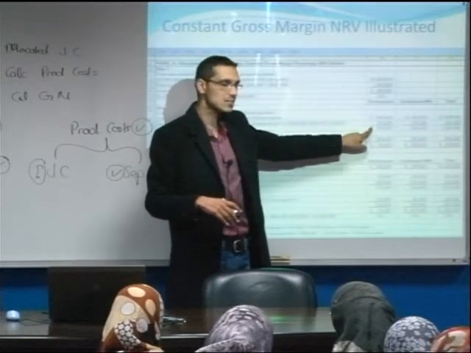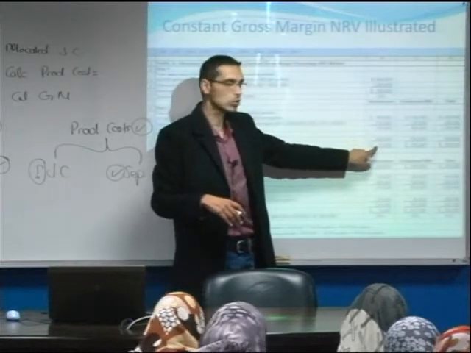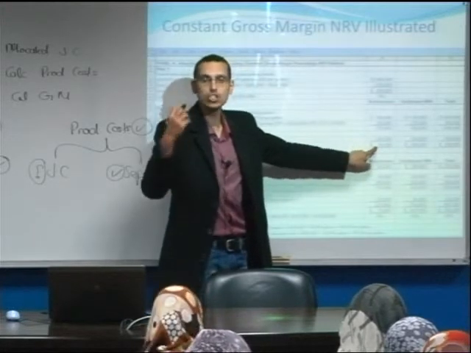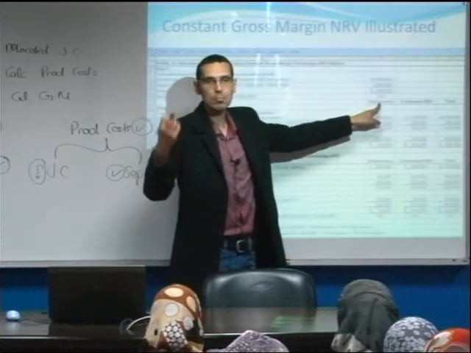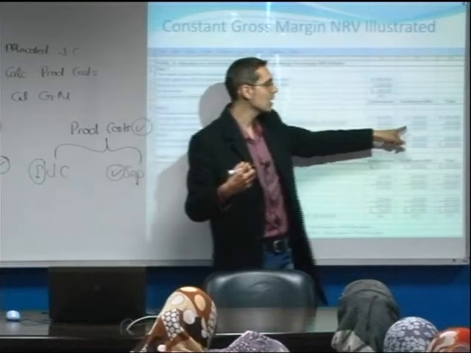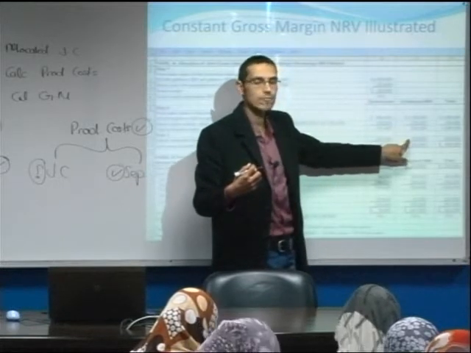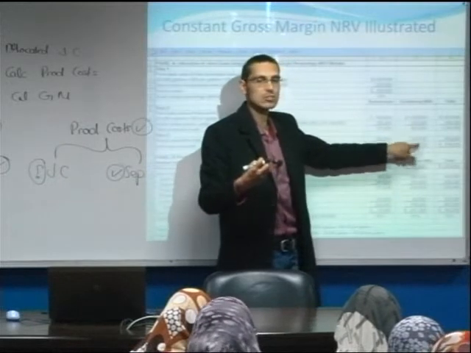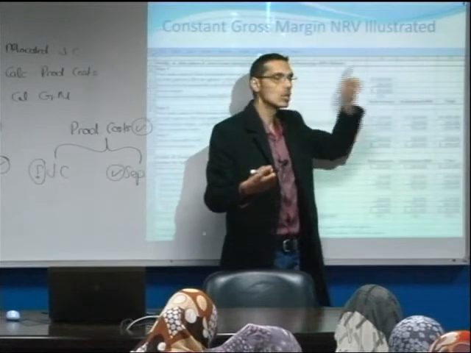Therefore, 375,000 minus 280,000 would yield 95,000, which is the allocated joint costs onto the butter cream product. While 825,000 minus the separable cost of 520,000 would yield $305,000, which is the allocated joint costs onto the condensed milk.